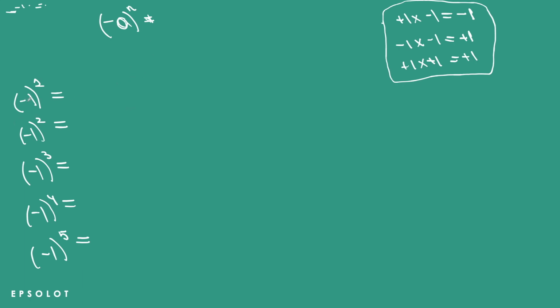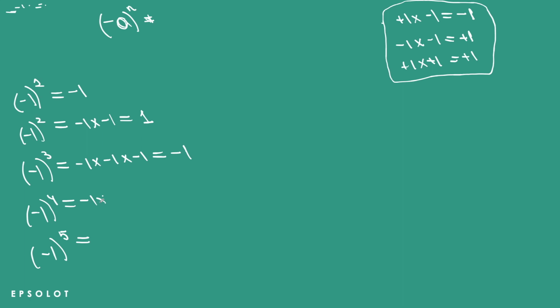So negative 1 to the power of 1 is of course negative 1. Negative 1 times negative 1: we have two negative numbers, so that gives me a positive 1. Negative 1 times negative 1 times negative 1: a negative negative gives you a plus, but a plus multiplied with a negative gives you a negative number.